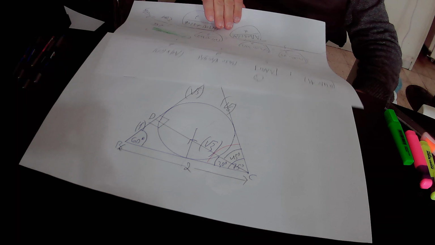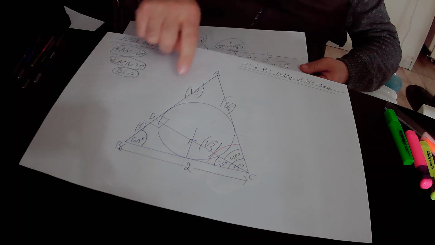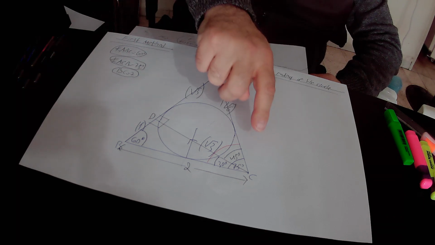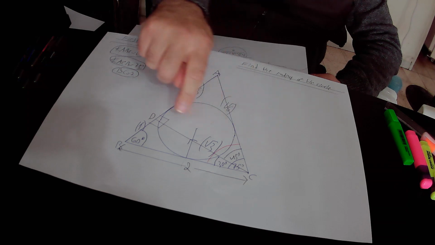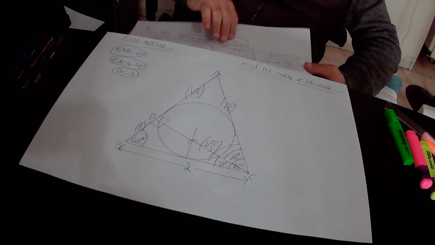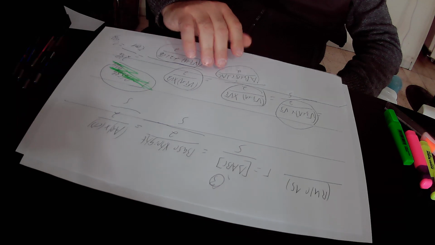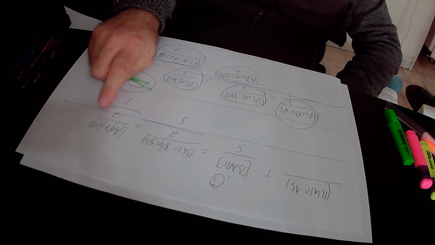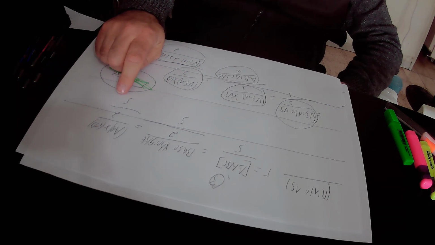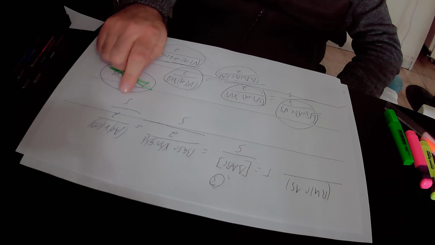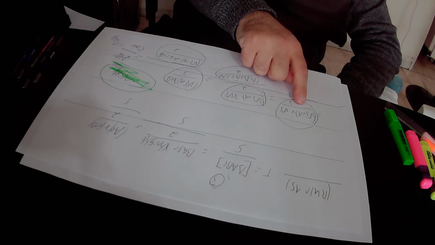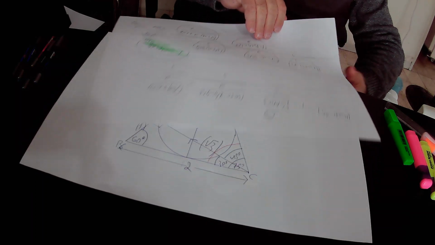We choose the base of this triangle, triangle ABC, as AB, and therefore the height is CD. Why? Because CD creates 90 degrees with the base AB. Repeat again. The base is AB and the height is CD, divided by 2, or divided by S, that is the semi-perimeter of triangle ABC. AB equals the square root of 3 plus 1.